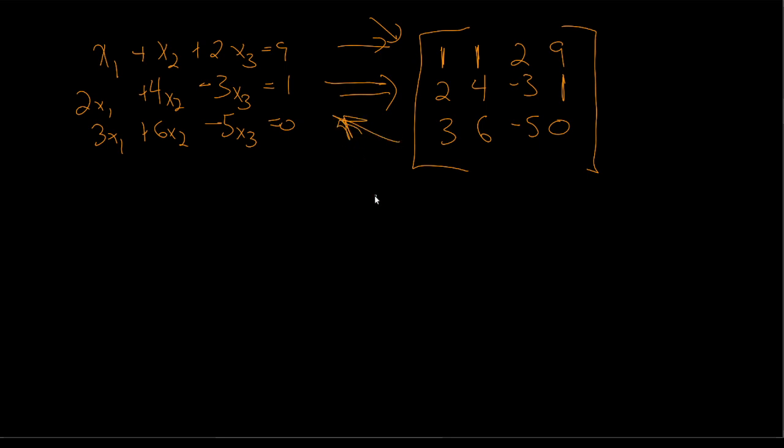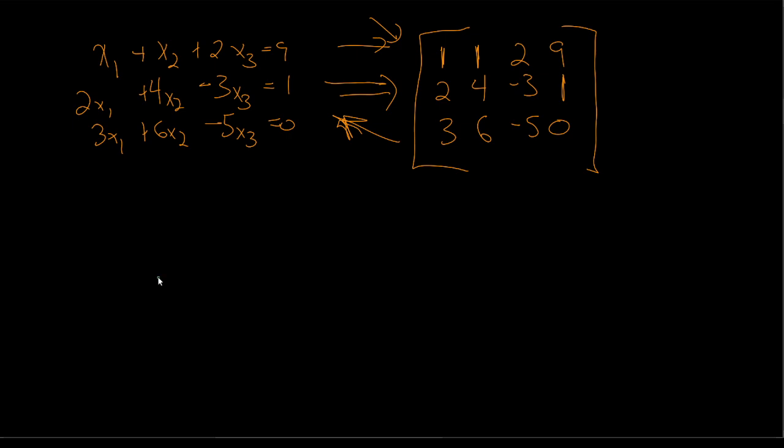And so we're going to have some rules on what we can do with the matrix to solve it. We're going to abstract everything we've done with solving systems of equations in regular algebra into manipulating the matrix.